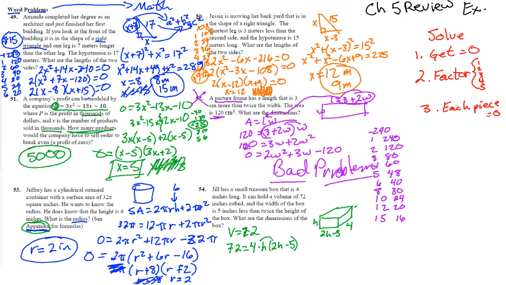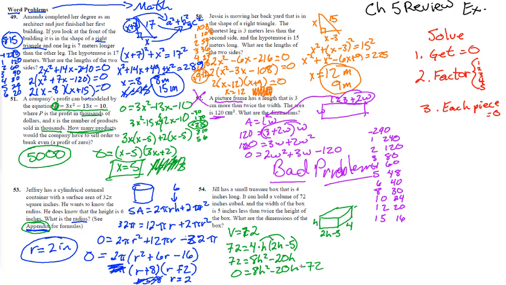Alrighty. Let's go ahead and multiply this out, and we get 72 equals 8h squared minus 20h. Look at this. We now have a polynomial. We know how to solve it. Get it equal to 0. 0 equals 8h squared minus 20h minus 72.